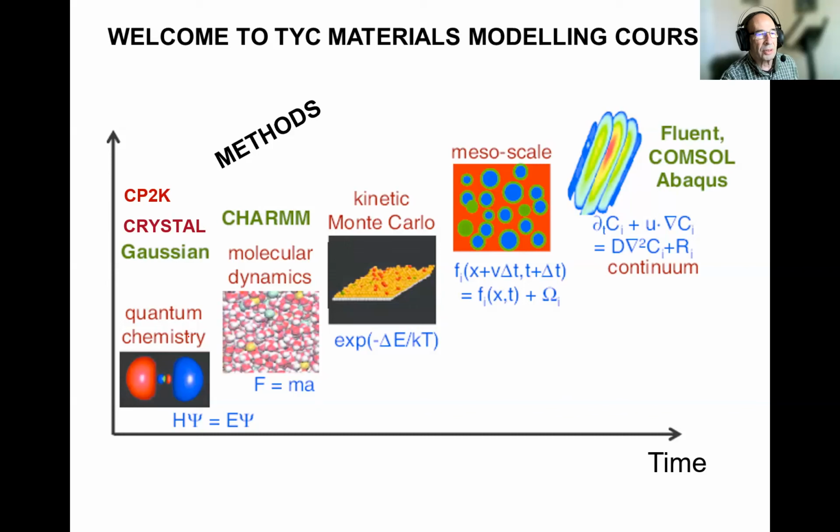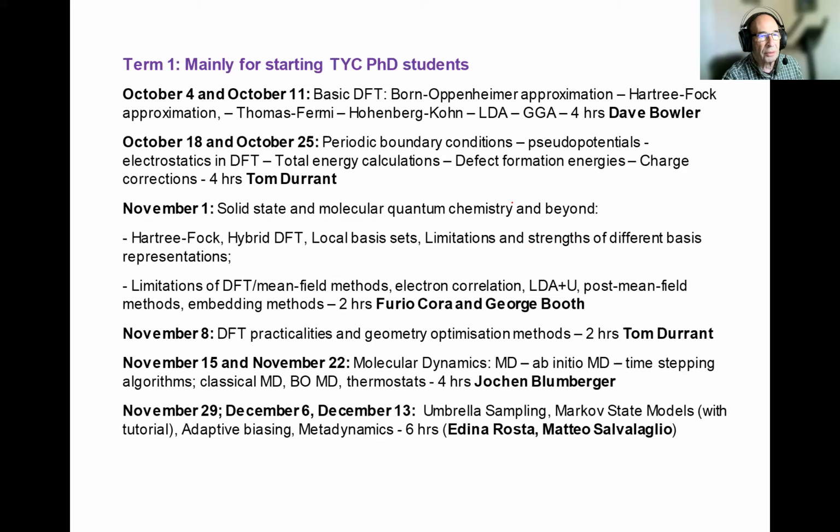Then also other types of methods which deal with classical molecular dynamics, like CHARMM and others, as well as various types of force fields. Then we talk about Monte Carlo, and then come to mesoscale. All of that is organized in this type of schedule, which most of you should have got, or if you haven't, then ask Karen to send it to you.